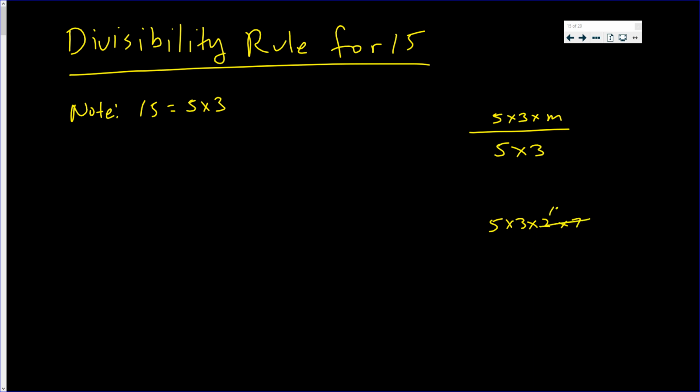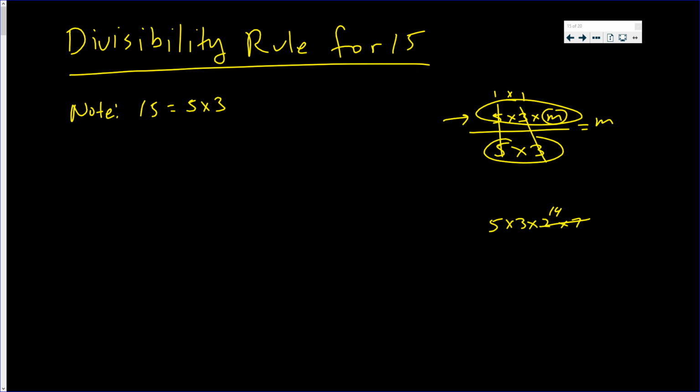I'll just call that m. The 5 reduces to 1, the 3 reduces to 1. 1 times m is m. That means 5 times 3 went into this. It has to have a factor of 5 and 3.